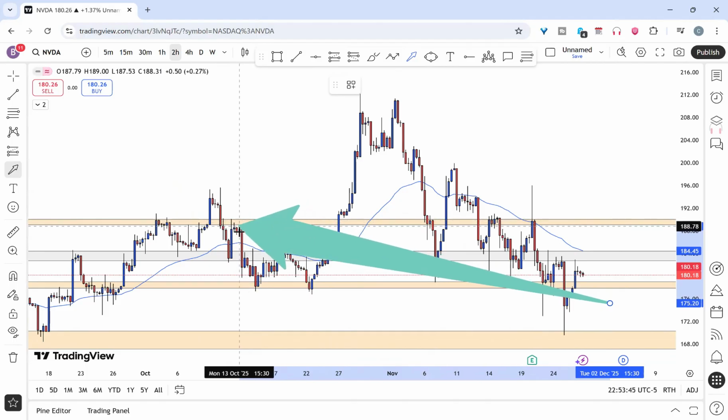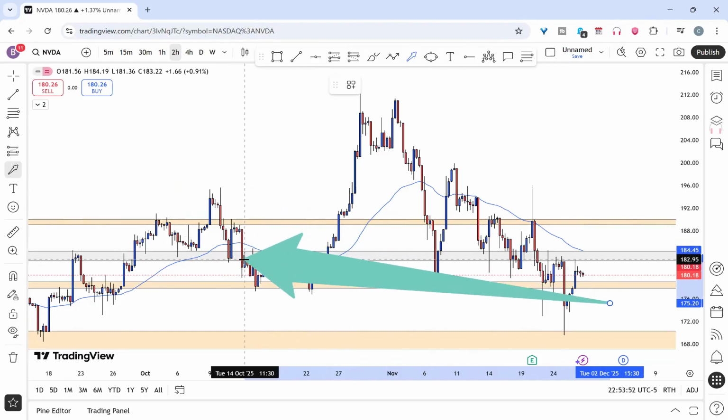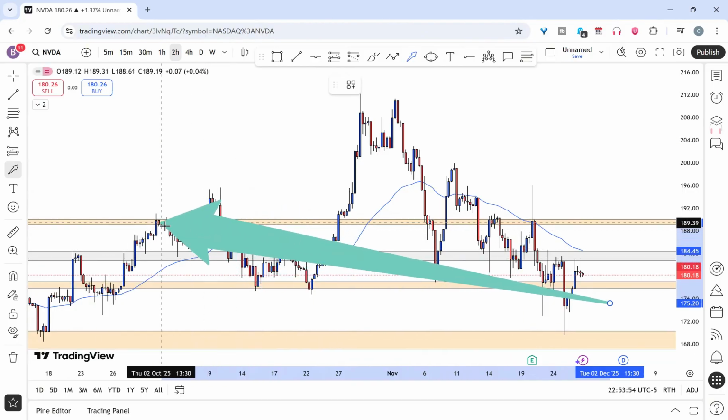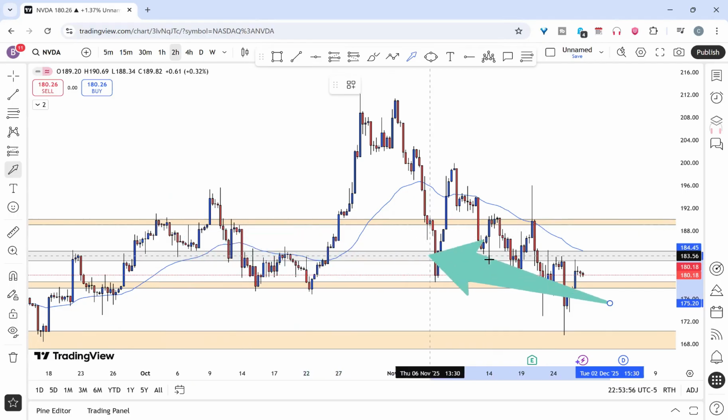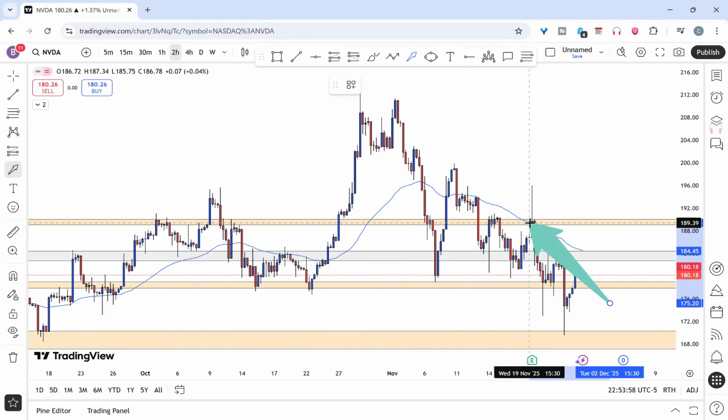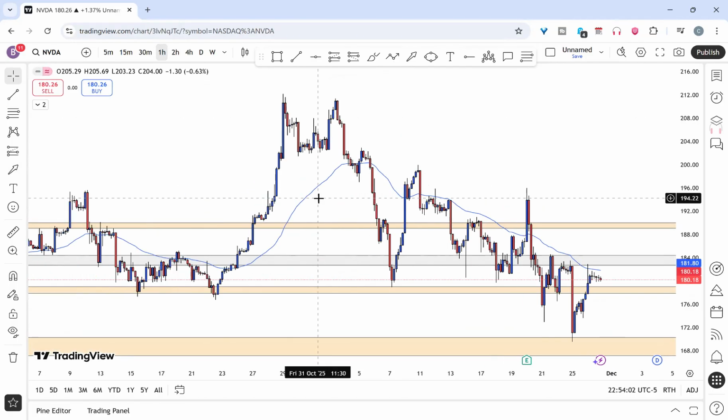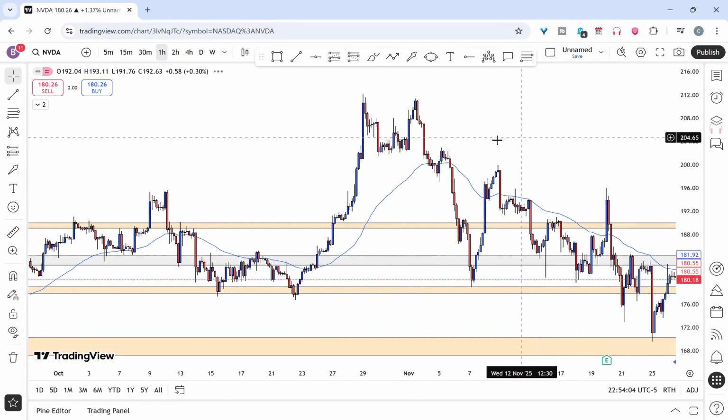But this one I would consider, because it came back up, pushed back down, wanted to retest, and pushed back down again. And it's the same thing with these two. So we have a beautiful, strong support and resistance level on the 2-hour time frame. And on the 1-hour time frame, it is the same thing right here.